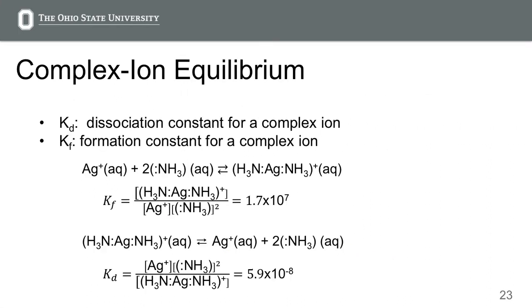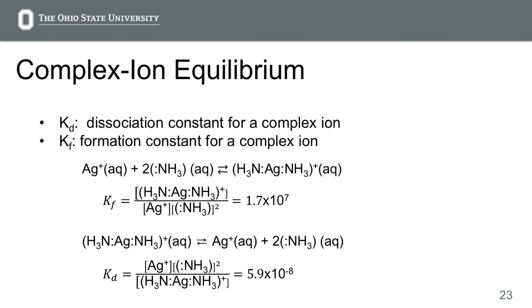So why does this show up in this chapter? Well, why not? We've done everything else. So basically, this type of reaction has equilibrium. And so it's just another type of equilibrium that we see. But we need to think about the forward reaction and the reverse reaction. Okay? And these are going to have different K values. The K sub D is for the dissociation of a complex ion.